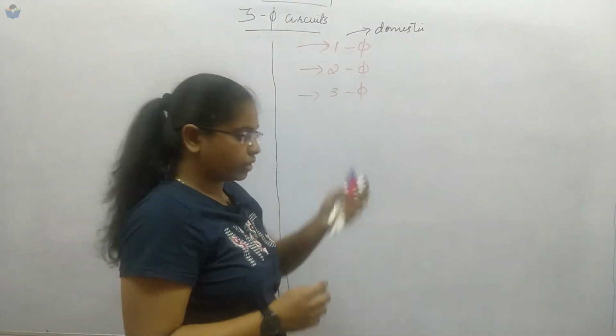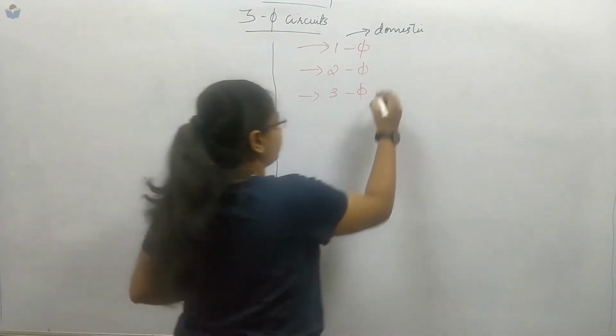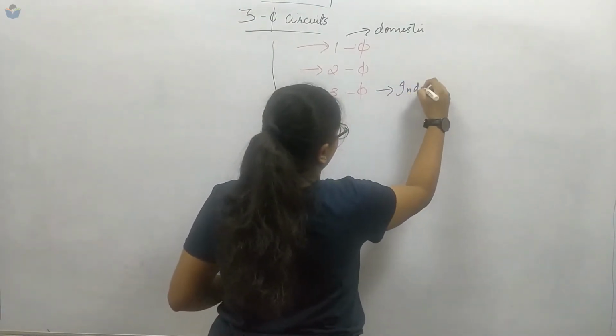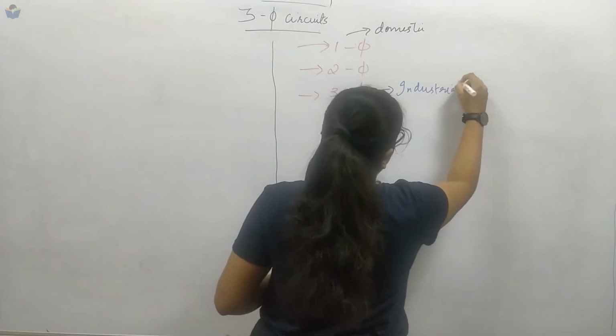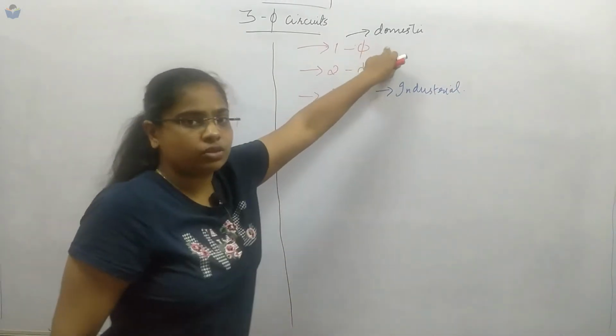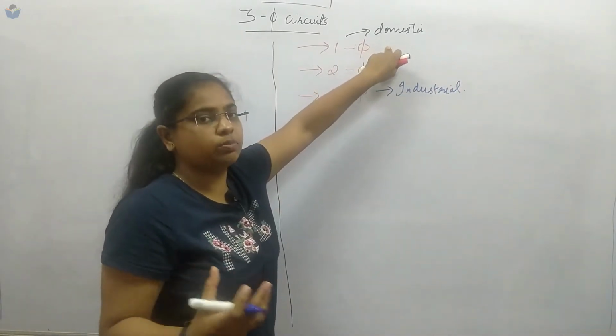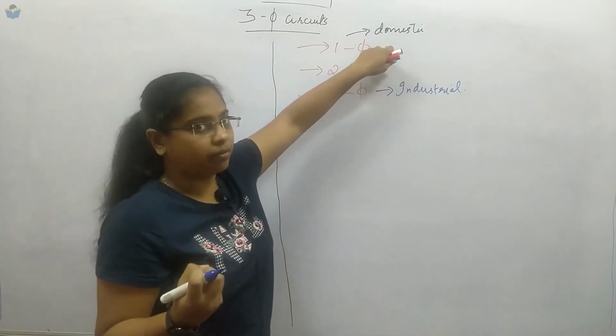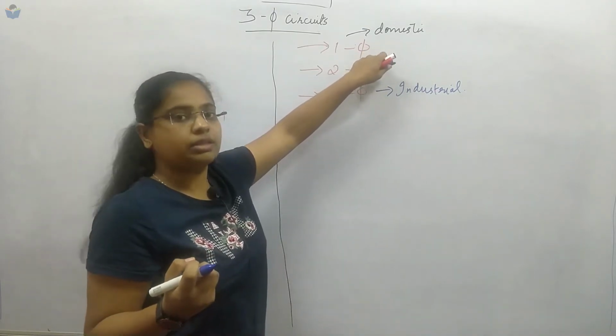We do not use three-phase supply. So this three-phase supply, where do we use? It's for industrial purposes. Why? Because for domestic use, we do not have that much load which draws three-phase power. So we use only single-phase power.